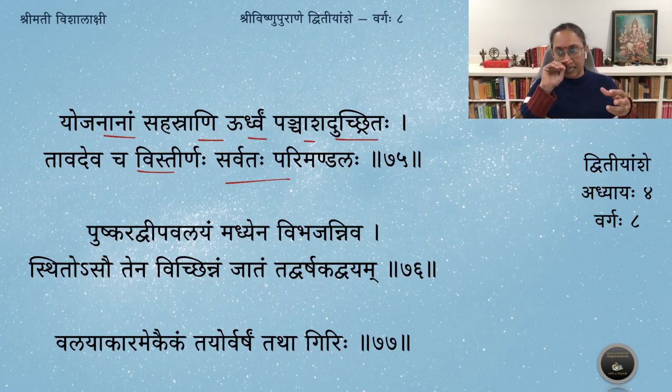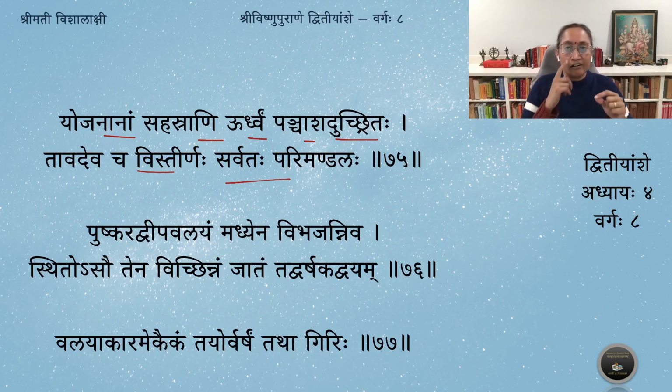It is standing inside this Pushkaradvipa as if to separate it into two. Hence, because of this mountain, there was a separation into two regions, varshakadvayam. Valayakaram ekam tayoho varsham tatha girihi. Ekaikamapi varsham tatra valayakaram vartate.